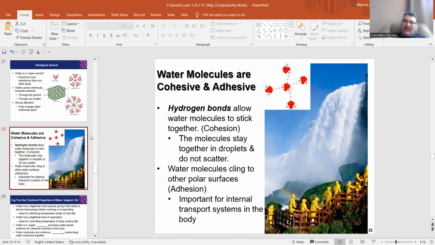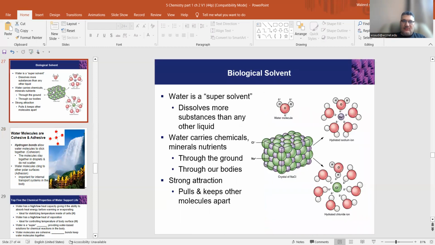Adhesive is the same, but for something else. So it's adhesive to the salt, it's adhesive to the sugar. It's the same thing. It makes hydrogen bonds also, but not with each other, not the water molecules together. No, it's the molecules of water with something else, like this.